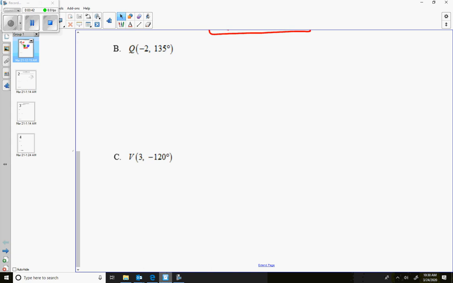B, let's find the rectangular coordinates for point Q, which is -2, 135 degrees. Nothing changes. It's still the same process. X is r cosine theta. So x would be -2 times the cosine of 135 degrees.